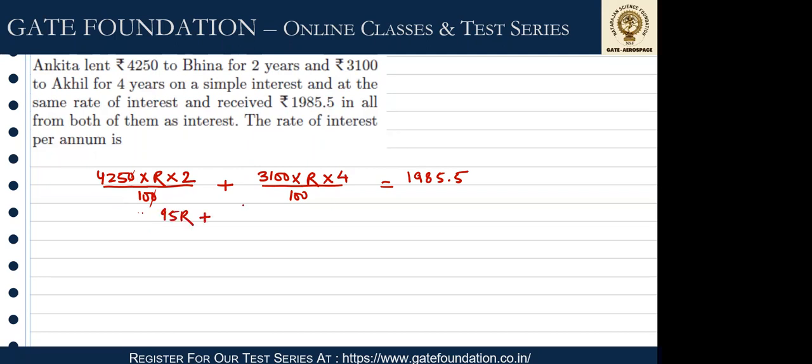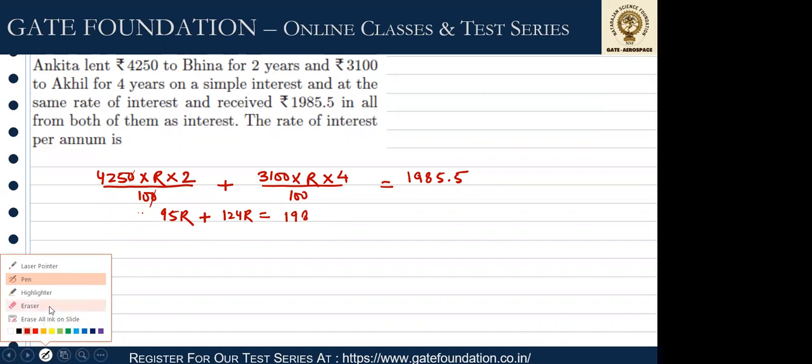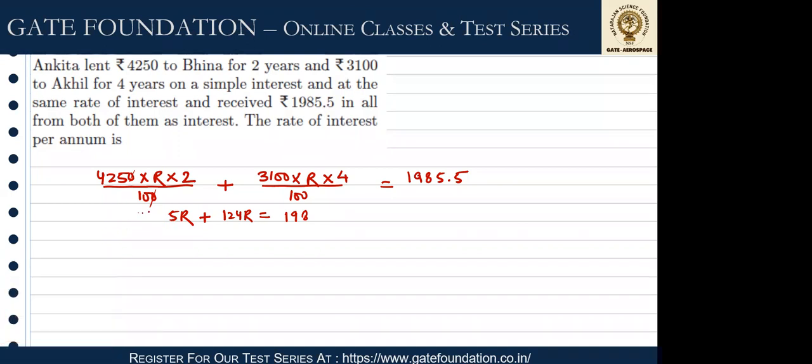plus 124 R is equals to, Sorry, 85. Yes, sorry, 85. One nine eight five point.